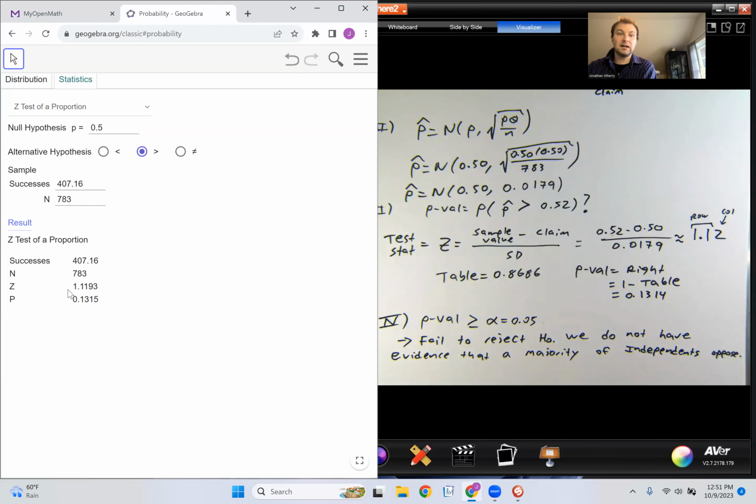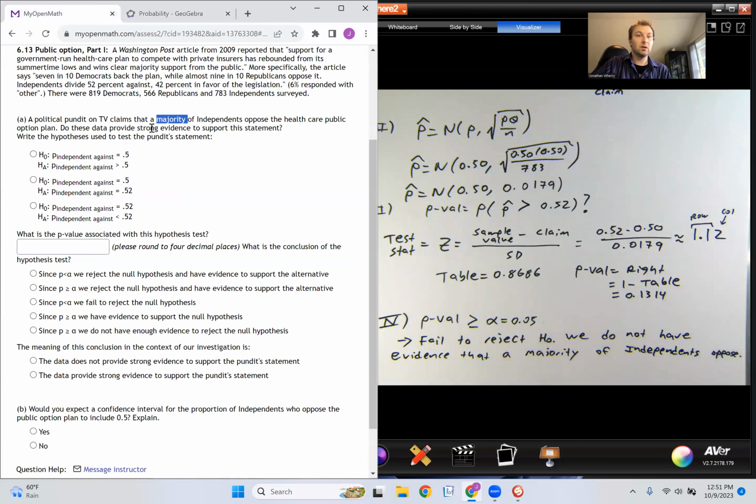When I did this, I got a z-score of 1.12, looking great, and a p-value of 0.135. Let's go into MyOpenMath and type in our results. Testing for a majority, so I should always see the numbers match. That's a pretty good indication that this one is wrong. They're not matching. And a majority means more than half. So I see that majority right there for my first option.